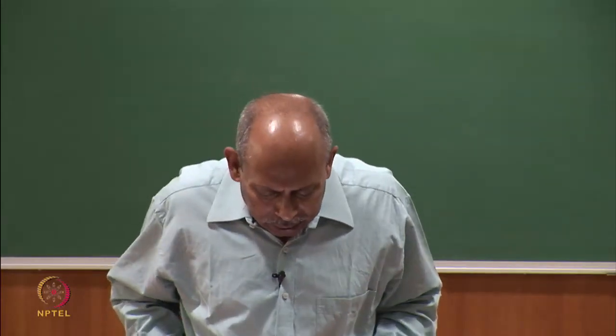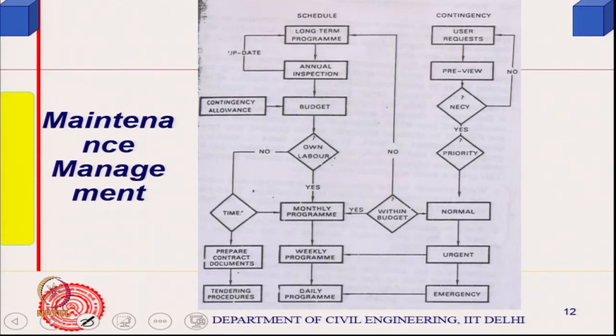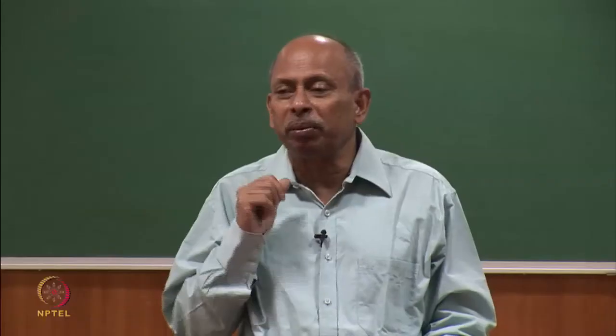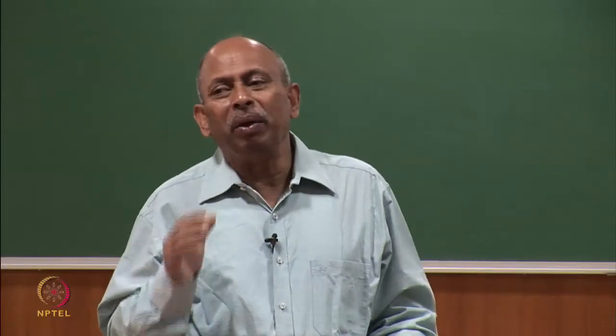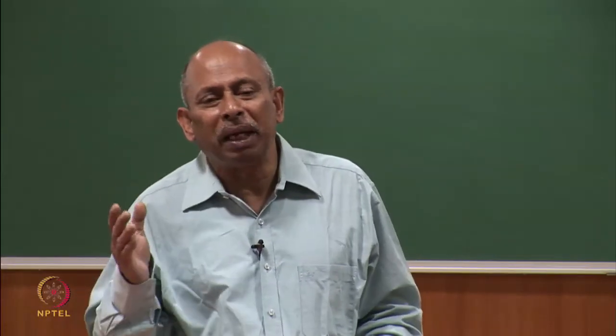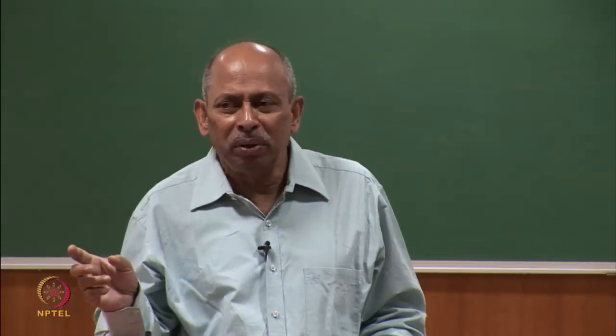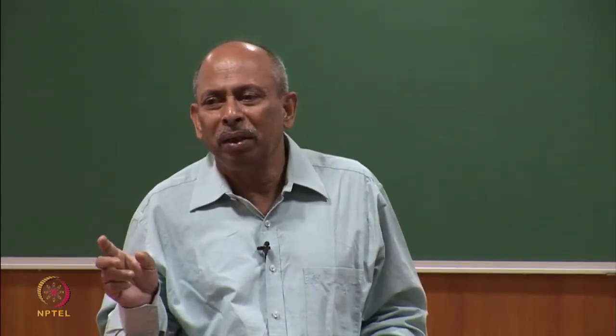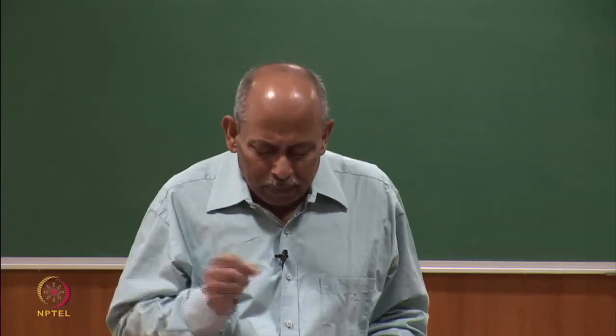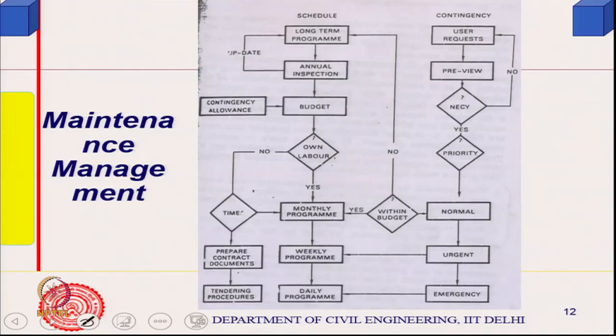So, the scheduled maintenance will have a long term program. Right in the beginning I found out the cost profile, and I know every 5 years I have found out the renewal cycle. So, what I am going to do between these 5 years, that is the long term one. Then from long term to yearly planning, annual planning, how much I would be spending this year would depend upon annual inspection.